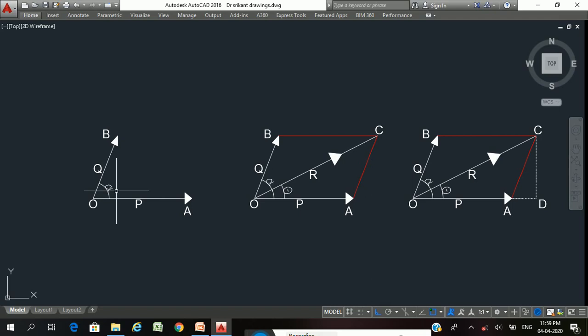The resultant of these two forces will be obtained in magnitude and direction by the diagonal passing through point O. So force P is represented by OA, force Q by OB, P and Q act at an angle alpha to each other, and the magnitude and direction of the resultant is given by the diagonal passing through the point O.